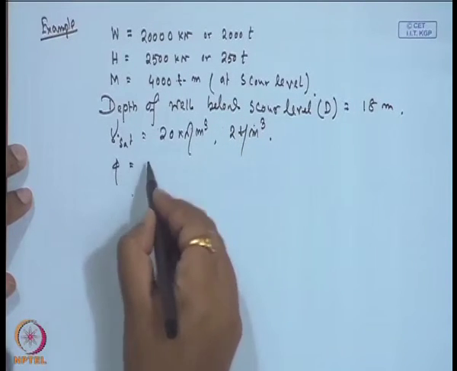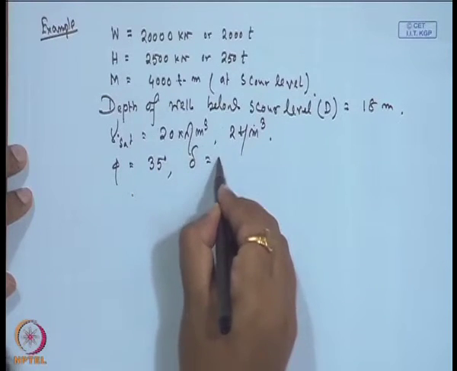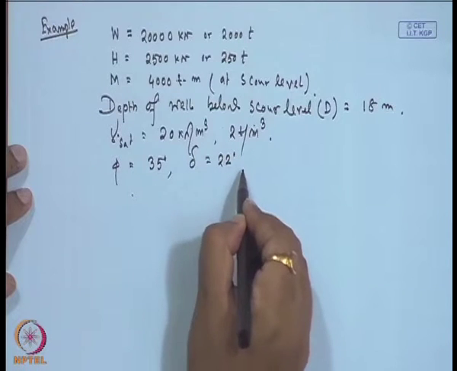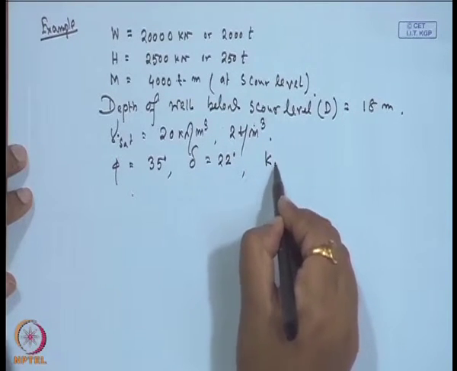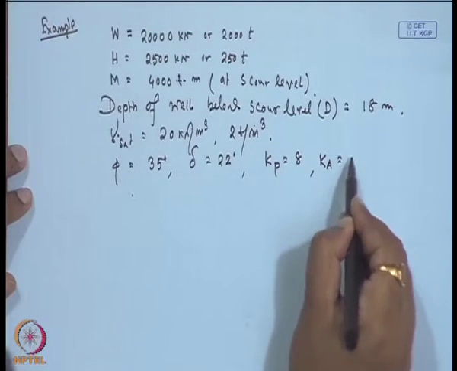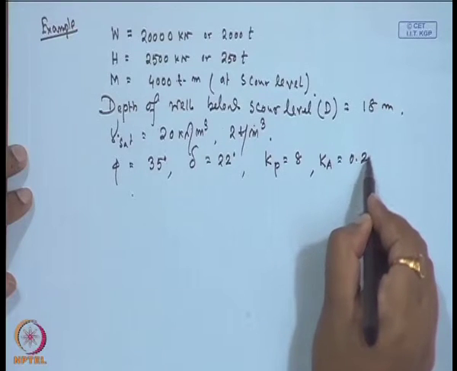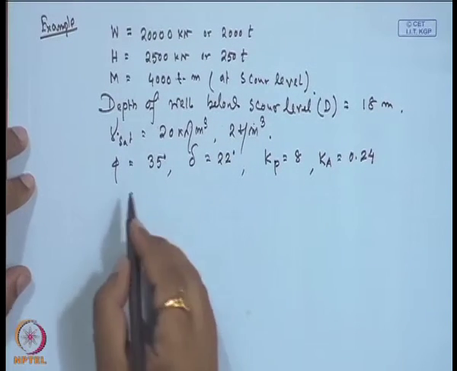Phi value is given as 35 degree and delta value is 22 degree. Kp value is given as 8, Ka value is given as 0.24.